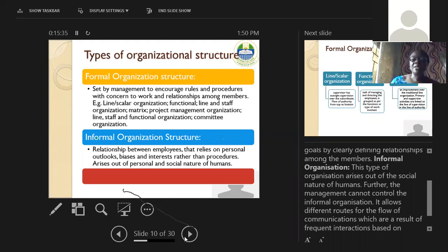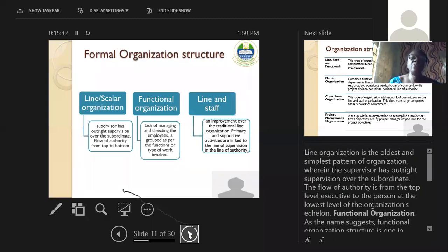Now let's look at some of the formal organizations, formal structure. Like I said, we have the line or scalar organization. Scalar or line in the sense that it's a military form of organization. The rule or command will have to come from the top and then trickles down to the last person in the organization.